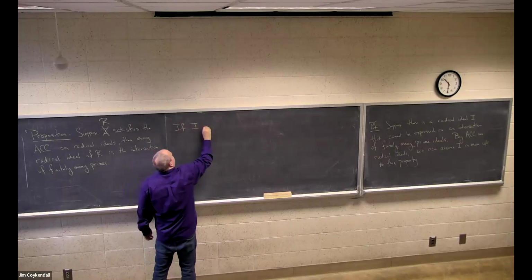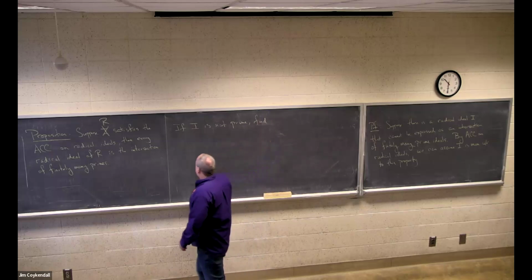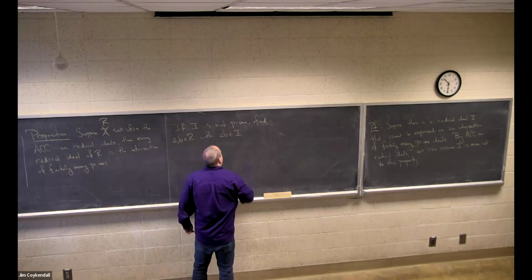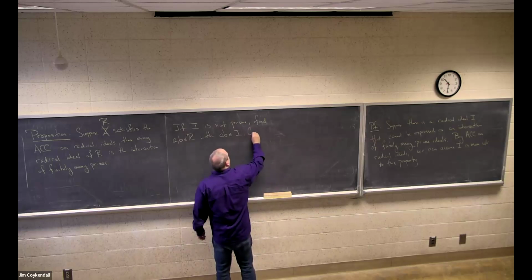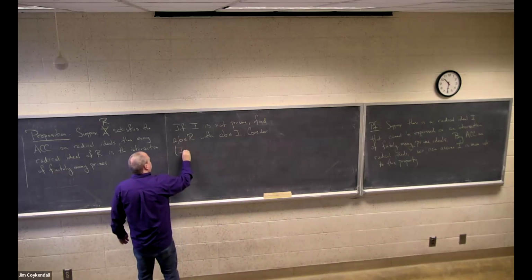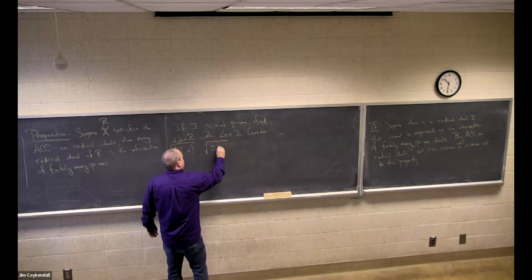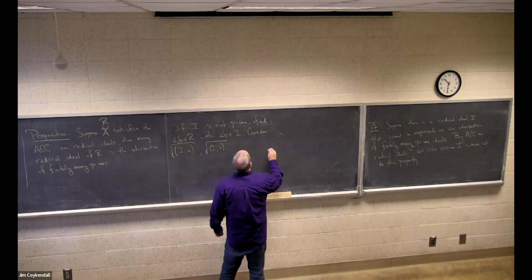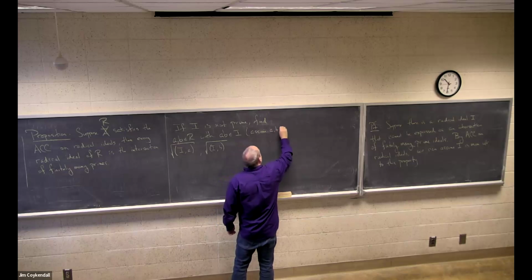So if I is not prime, there exist A and B in R with AB in I, but A and B are not in I. Now consider the radicals.